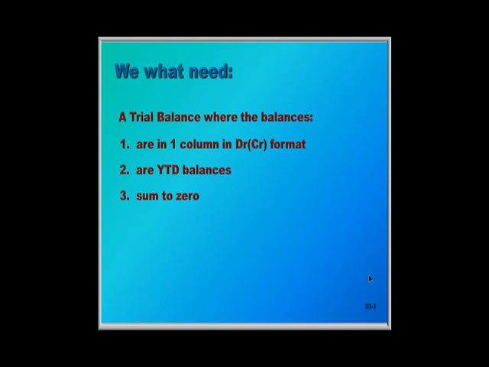But we do prepare the income statement and the balance sheet from one set of data, so therefore it will agree. The model I use requires a single column containing the year-to-date account balances in a debit parens credit format.